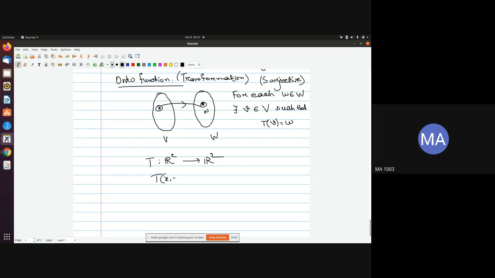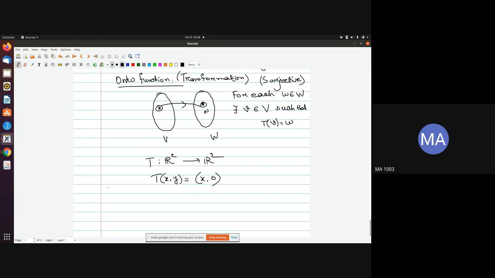Suppose T(x, y) is going to (x, 0). First tell me whether this is a linear transformation or not. It is a linear transformation, right?